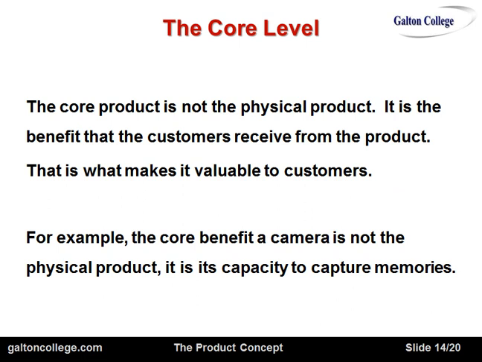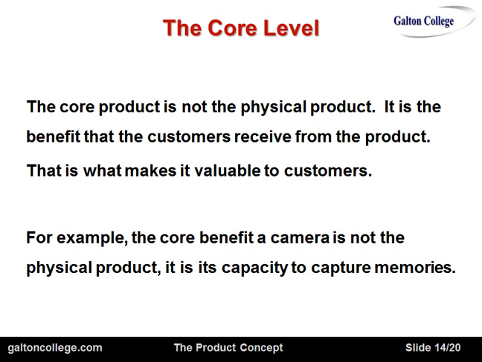The core product is not the physical product. It's the benefit that the customers receive from the product. That is what makes it valuable to customers. It's not the physical product. It's the benefit that the customer receives.